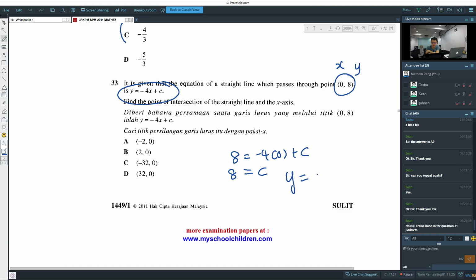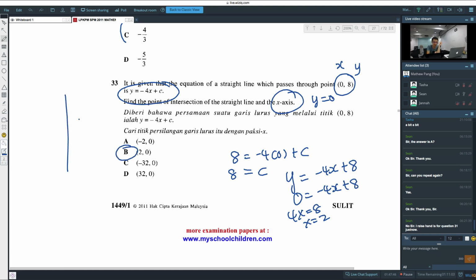So y equals negative 4x plus 8 will intercept with the x-axis. The x-axis means y equals 0. So 0 equals negative 4x plus 8, so 4x equals 8, x equals 2. That means this is the x-intercept, so we call it (2, 0).